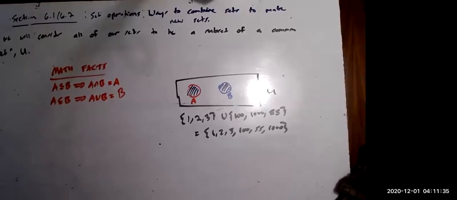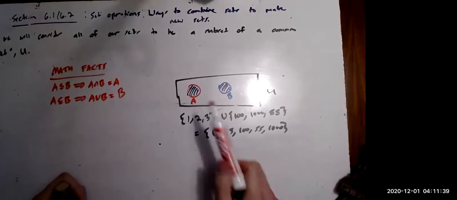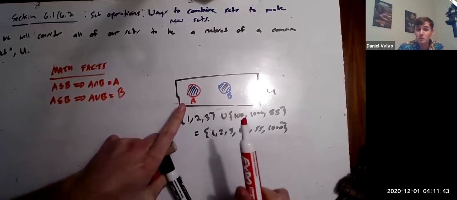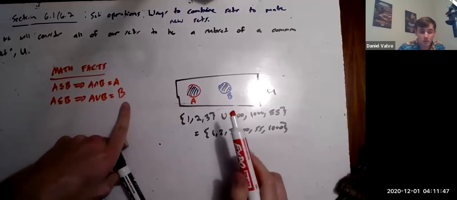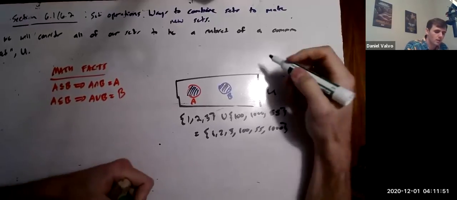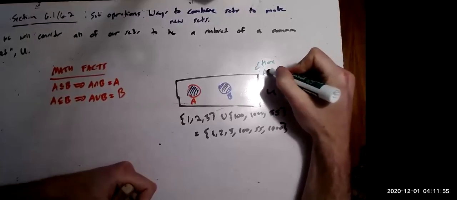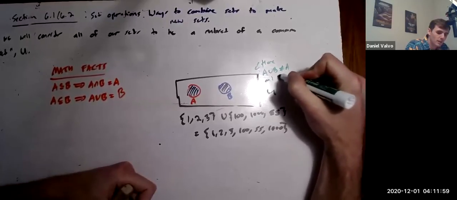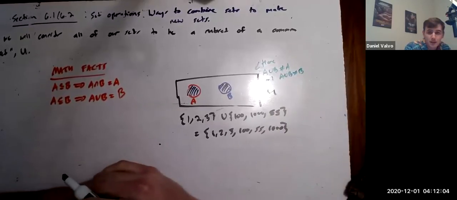But if it's the diagram I talked about, then A union B certainly is not A or B. So here, A union B is not A, and A union B is not B.